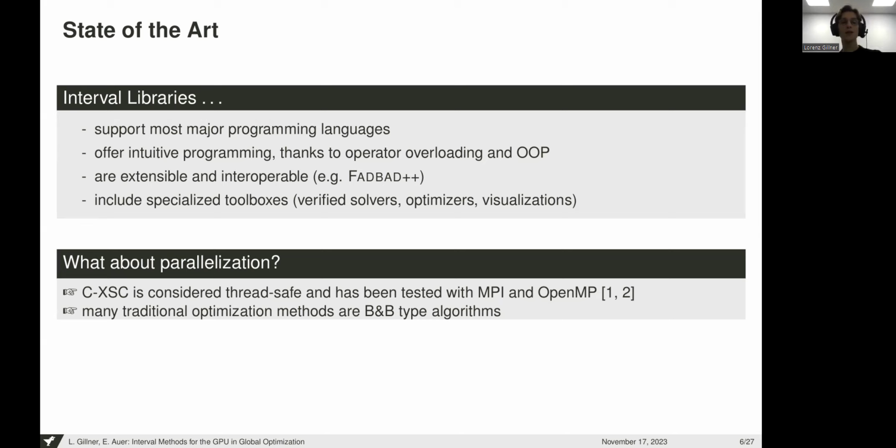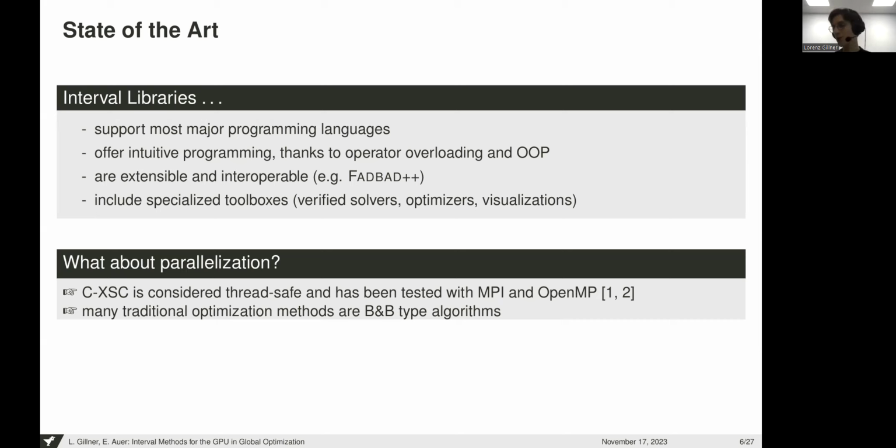But many traditional optimization algorithms with intervals were designed at a time when single core CPUs were the norm. So many branch and bound type algorithms are not actually designed for parallelization. And this will become more important later.